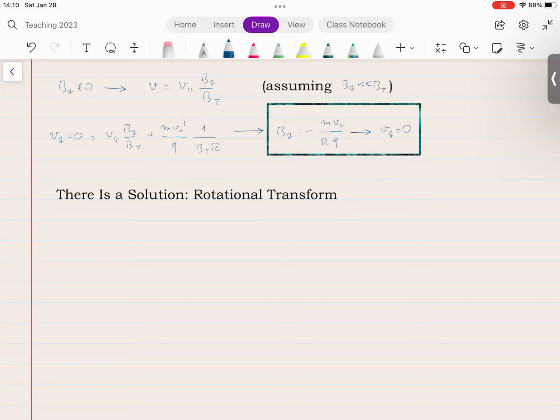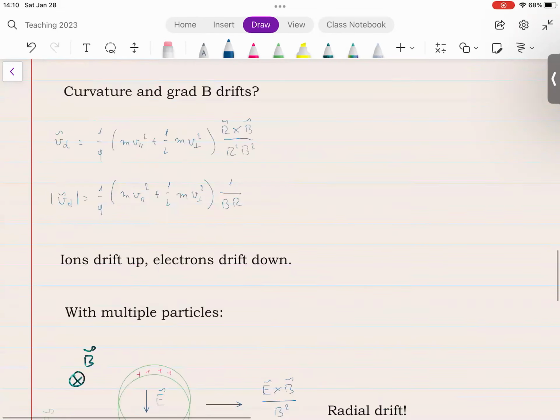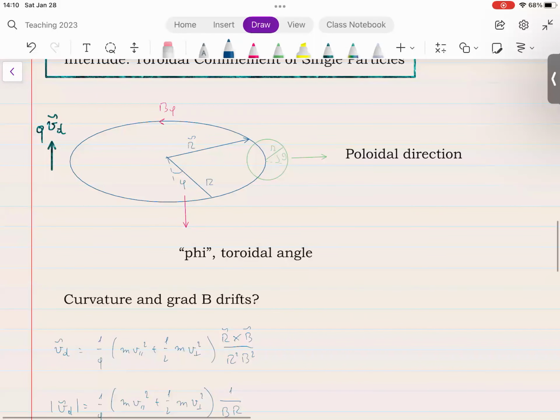Let's see how that works. What I'm going to do is, instead of having a vertical component of the field, let me move back to my picture up here. I'm going to have a poloidal component of the field in the theta direction.